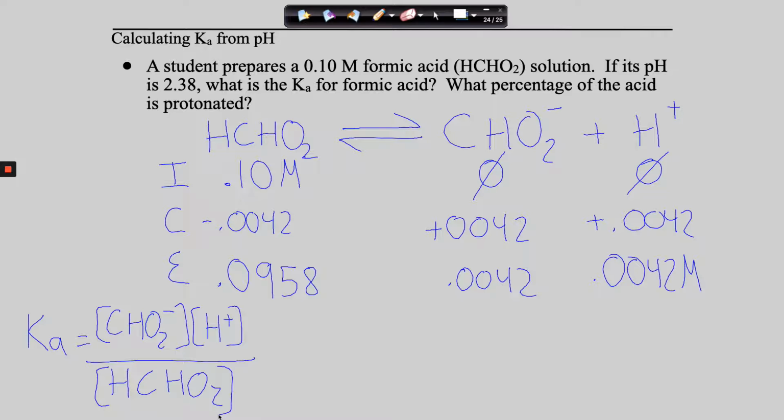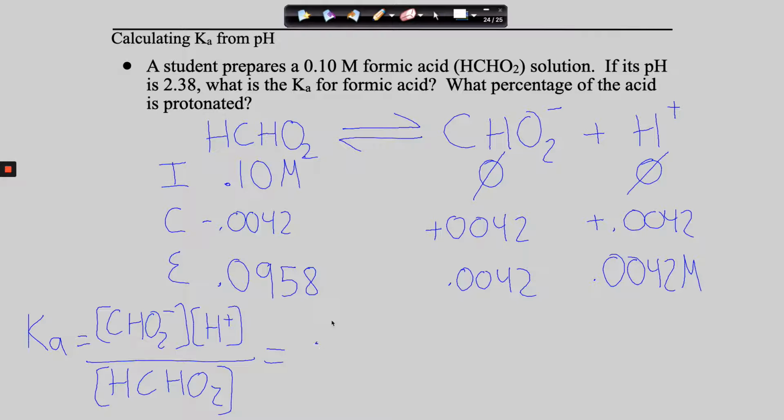Then, guys, what I was going to do was put 0.0042 squared in the numerator, because this and this are the same. But I'm not going to do that, and you'll see why in a minute.